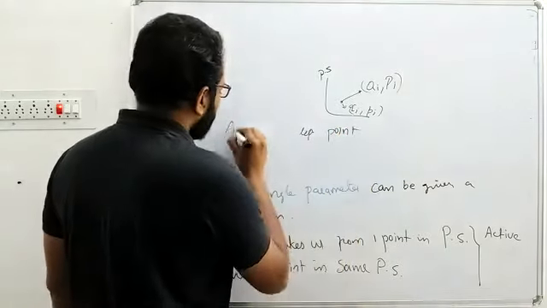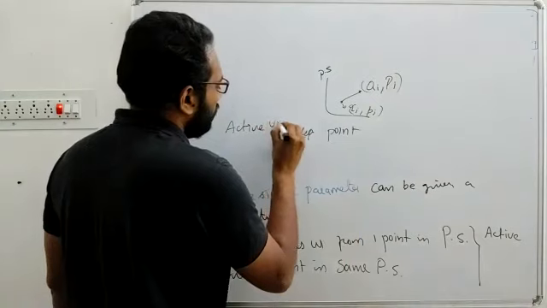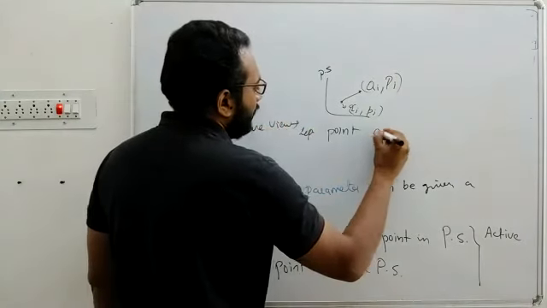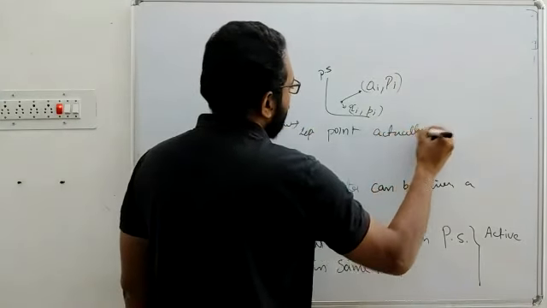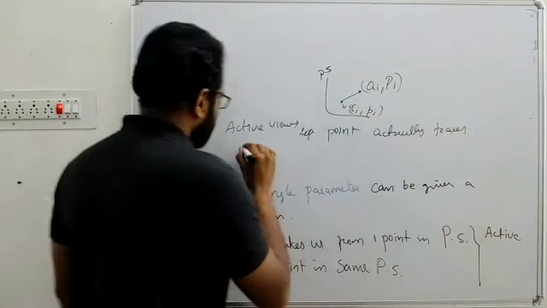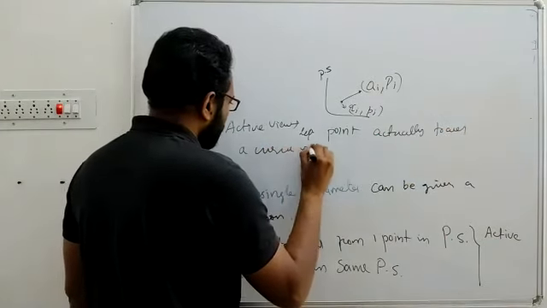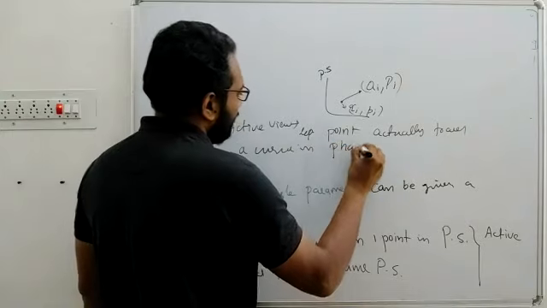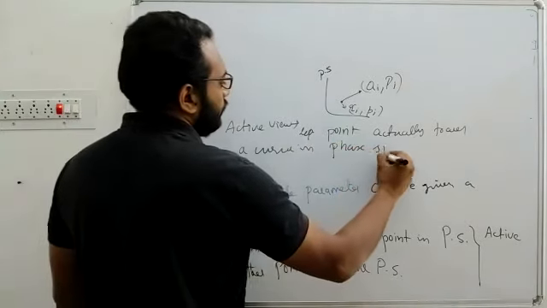In the active view, the representative point actually traces a curve in phase space. Okay, that's the active view.